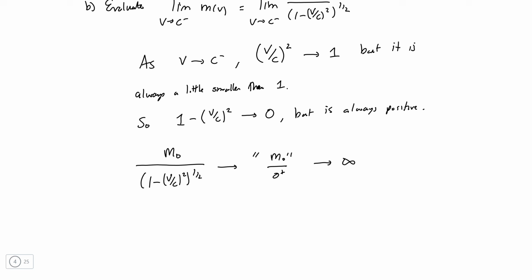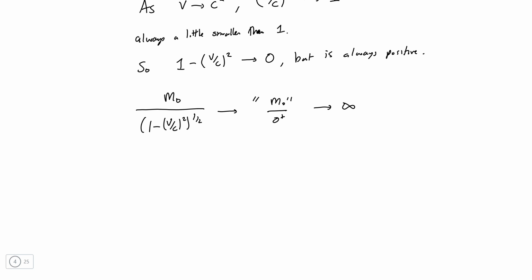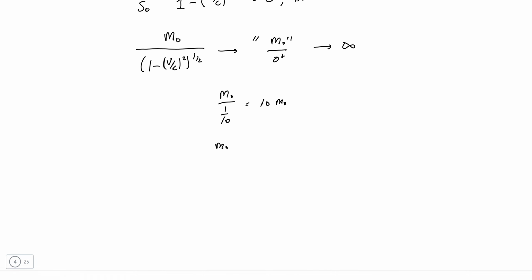As you go towards 0 from the right, m0 over 1/10 is 10 m0. m0 over 1/100 is 100 m0. If we keep letting these things get smaller, say 1 over a million, this is 1 million m0. So that's going towards infinity.